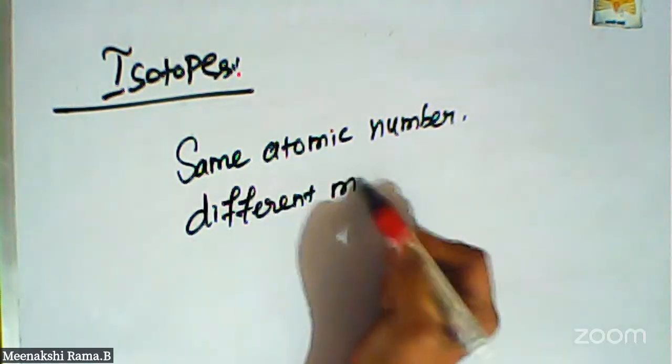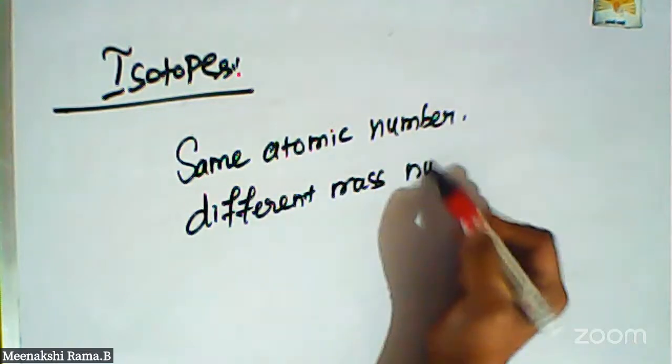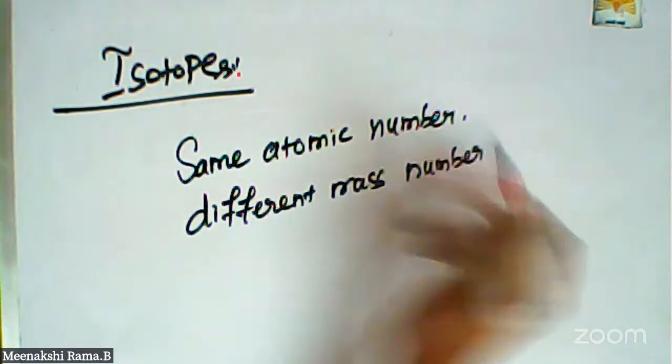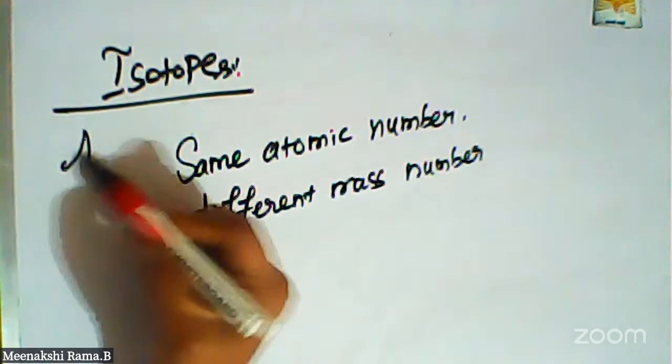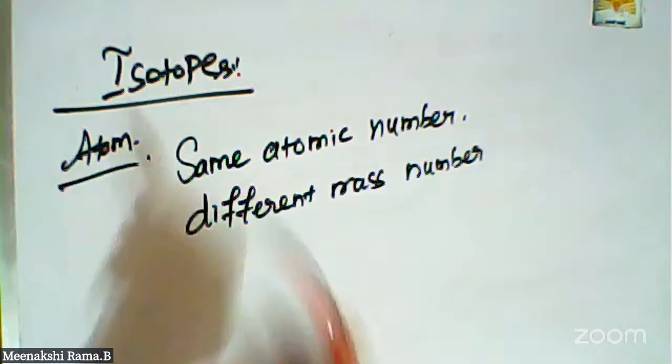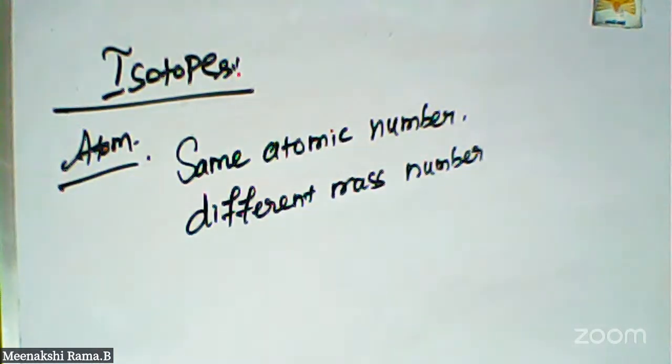This is the detail about isotopes. Atoms of elements that have the same atomic number but different mass number are called isotopes.